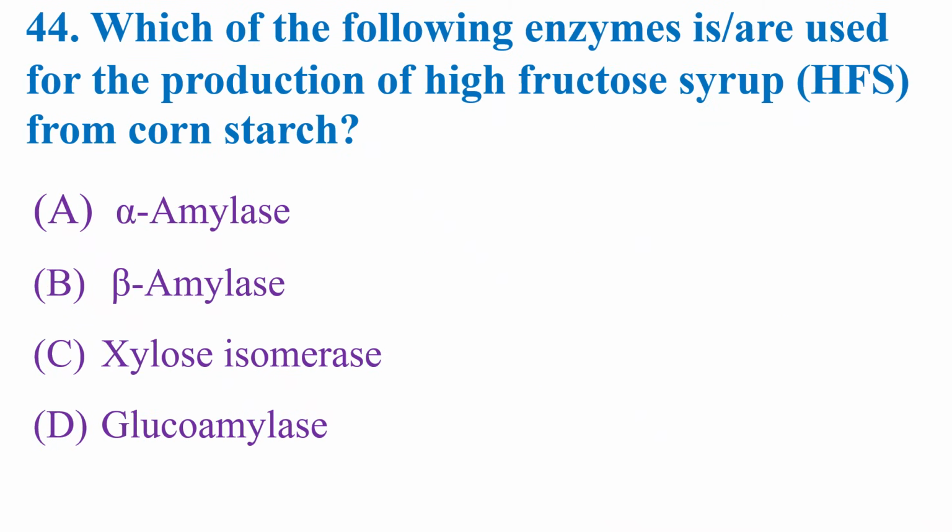Which of the following enzymes is used for the production of high fructose syrup, that is HFS, from cornstarch? So first let us write the pathway, that is cornstarch to dextrin, dextrins to glucose, and glucose to fructose.